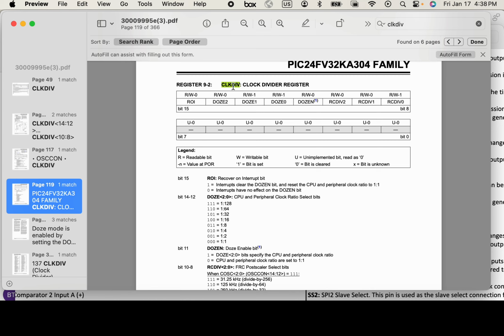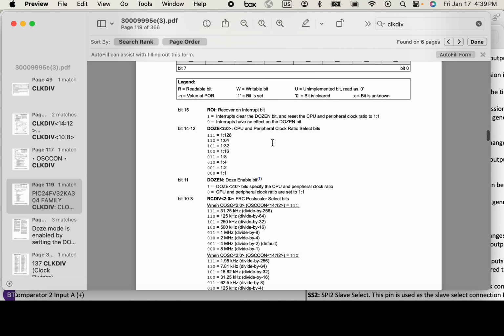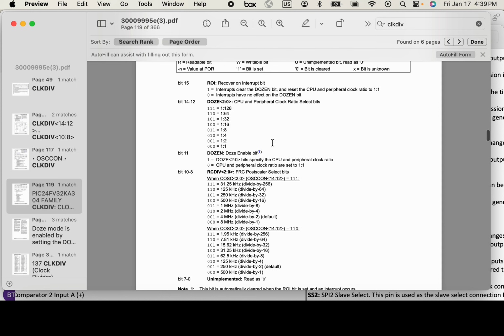So here's our CLKDIV register, and it has what are called RCDIV bits. Those are 3 bits, RCDIV 0, 1, and 2. You can set these bits to give you the postscaler you want.